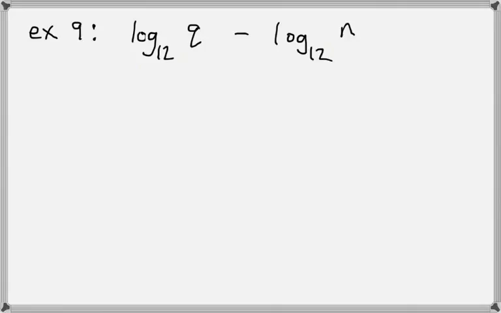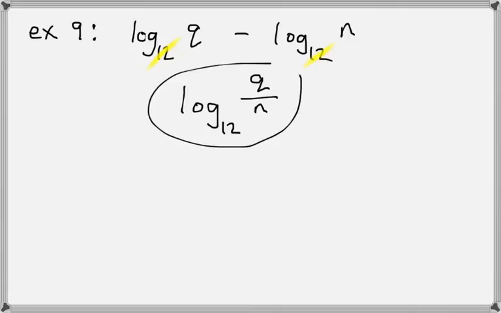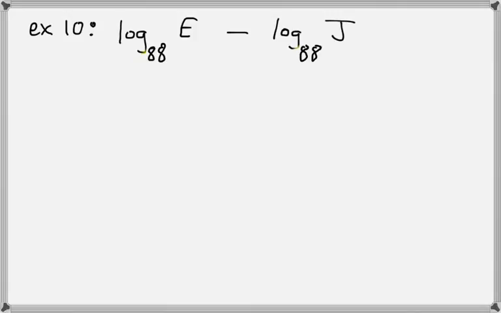In example 9, we have a log base 12 of q minus a log base 12 of n. Is the base the same? They're both 12s, so we can use our quotient property to condense this or simplify to a single log. So we would have log base 12 of our q divided by our n, and that would be our final answer. Let's look at one last example.